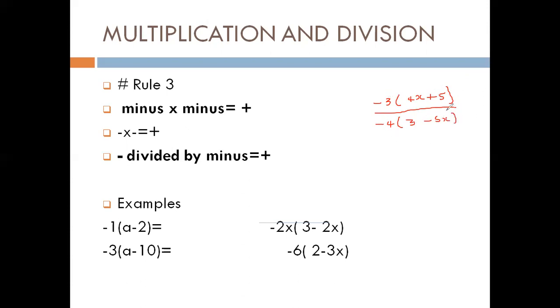You work out what is on the top first, you simplify what is on the top first. Then we say minus 12x minus 15 over minus 12, minus 12, then minus the minus, we get a plus, then we get 20.